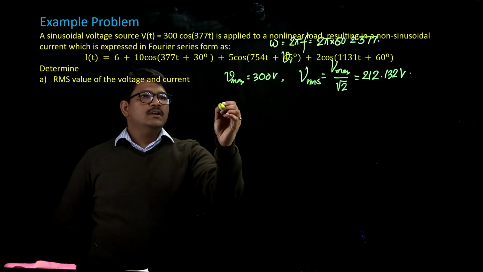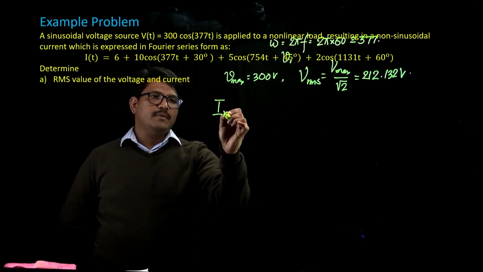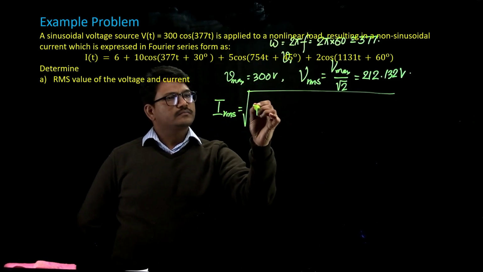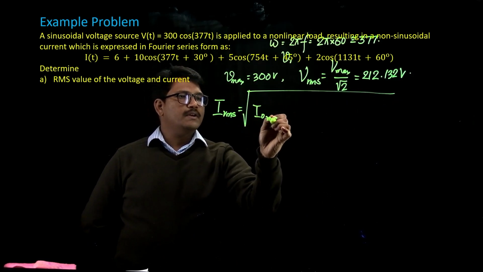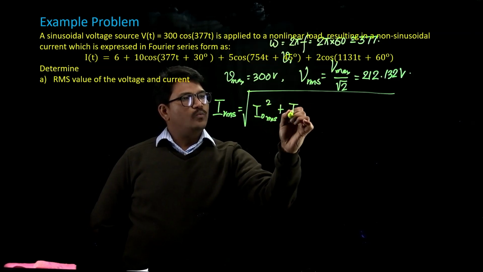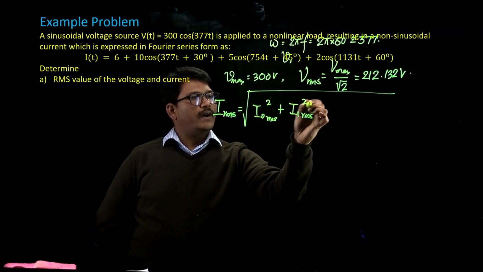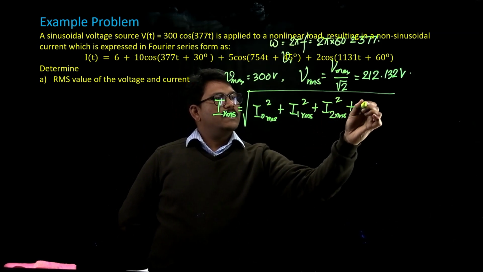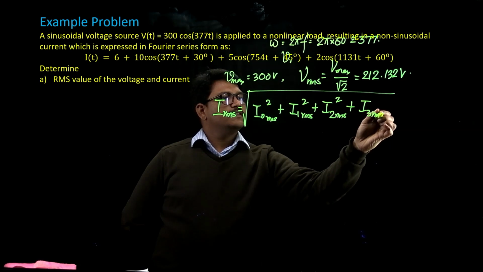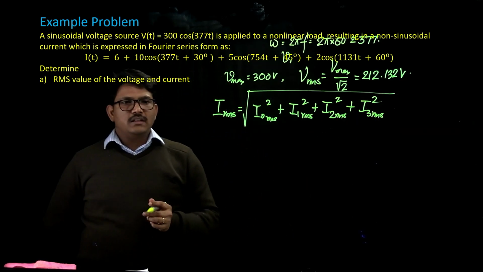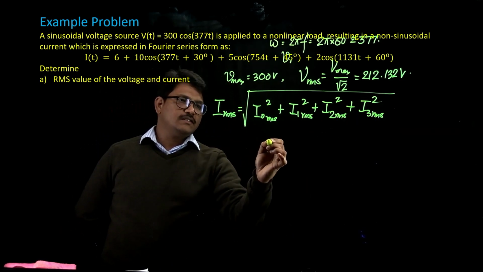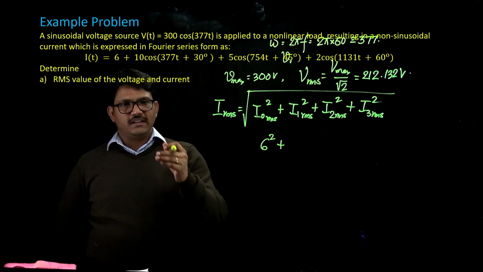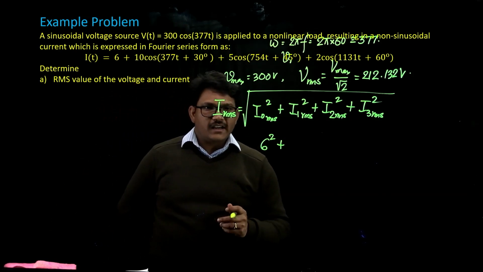In that case, the RMS current is the square root of I0 RMS square plus I1 RMS square plus I2 RMS square plus I3 RMS square. The I0 RMS is just 6, so it is going to be 6 square. The RMS value of a DC current is just that DC current itself.